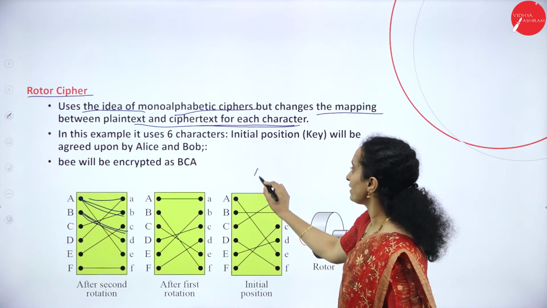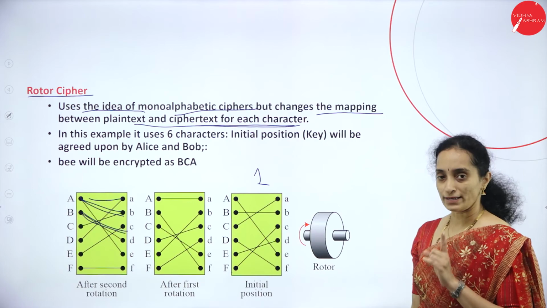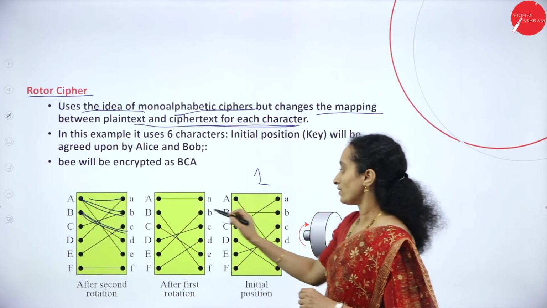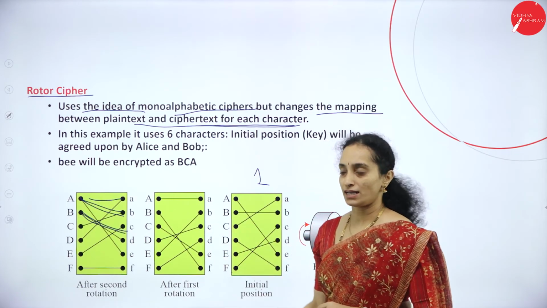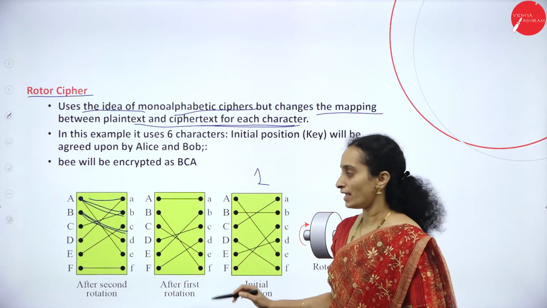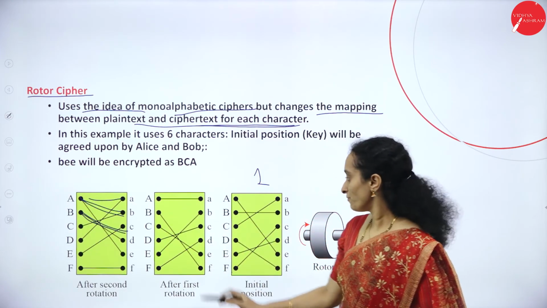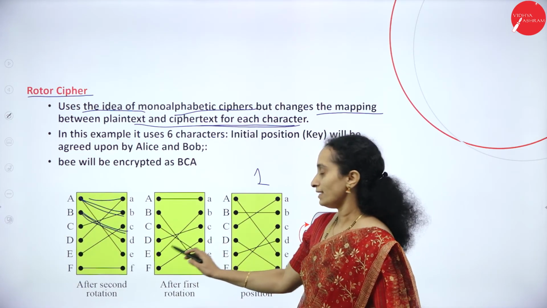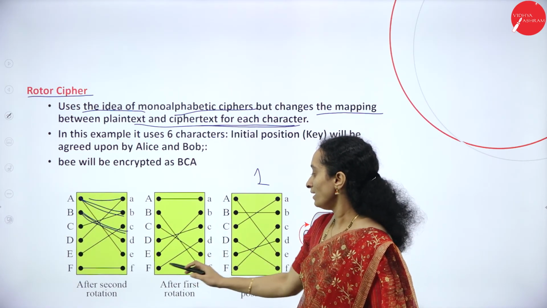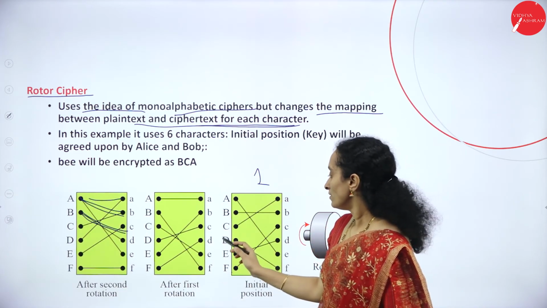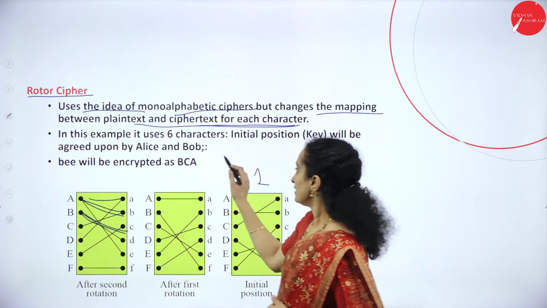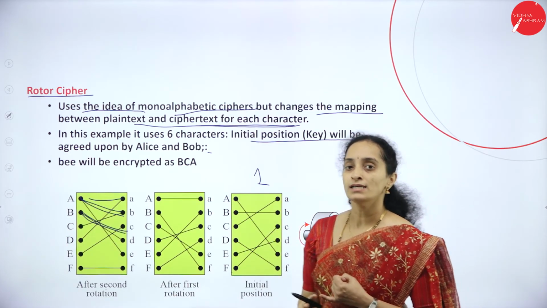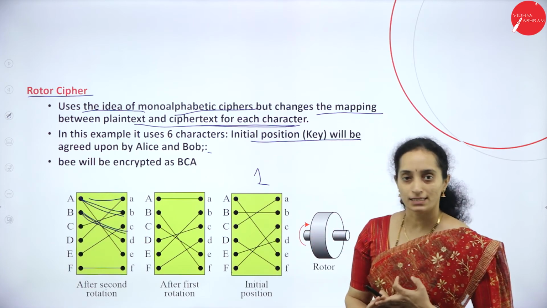This is for one character in the plain text. Next, when the rotor is rotated, you will have a different connection. Now A will be mapped to A, B to F, C to E, D to C, E to B, whereas F is mapped to D. This initial position of the key will be agreed by both the sender and the receiver.